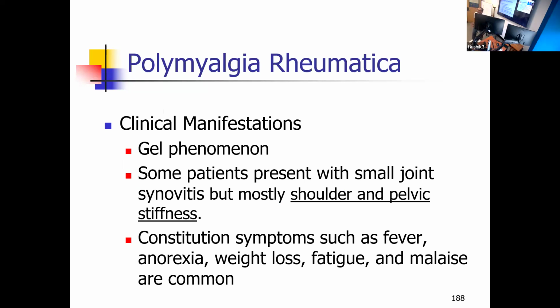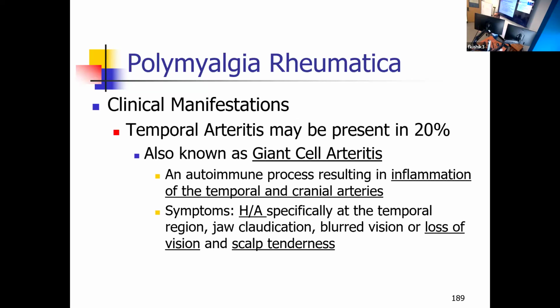Therefore, it's not ankylosing spondylitis. It's mostly in my shoulders and my pelvic region. Okay. Pelvic region might be close to your sacroiliac joint, but shoulders are definitely not. The presentation is going to be combined, shoulder and pelvic pain. All right. So there are different manifestations of this, and they present differently.